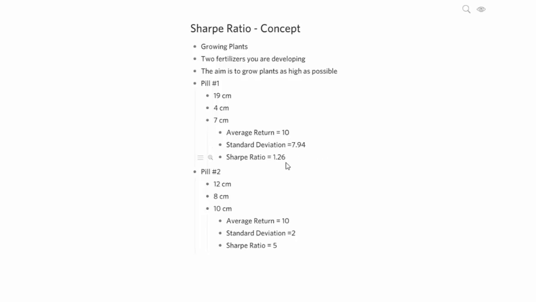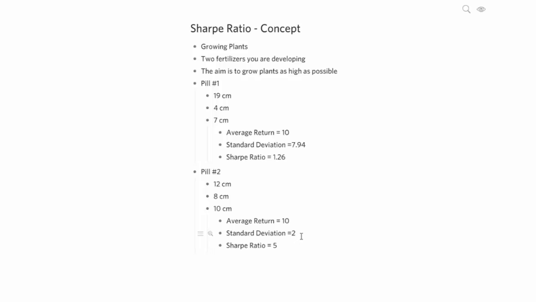But looking at the Sharpe ratio though, number 1 is 1.26 and number 2 is still 5, even though the average return is lower. And so what the Sharpe ratio does is it measures the return based on the risk that we are taking. So for strategy number 2, the amount of return that we are getting based on the risk that we are taking is much better compared to number 1, which obviously we are taking more risk, but the return for the risks that we are taking isn't actually that good compared to number 2. That's what the Sharpe ratio is telling us.